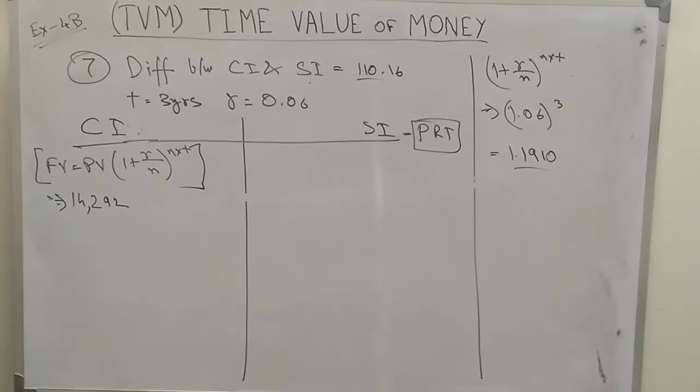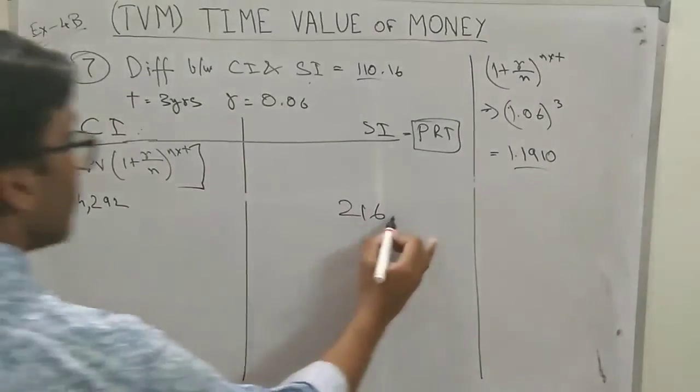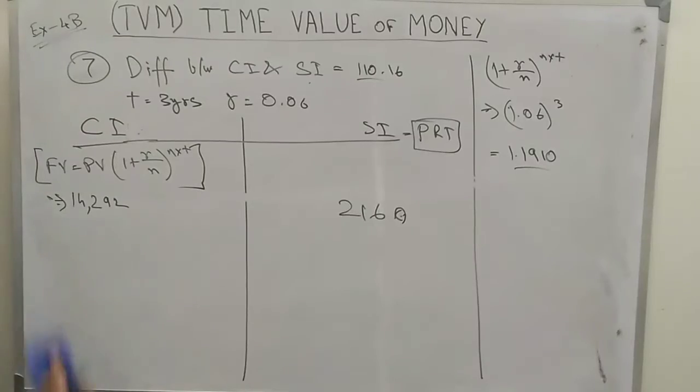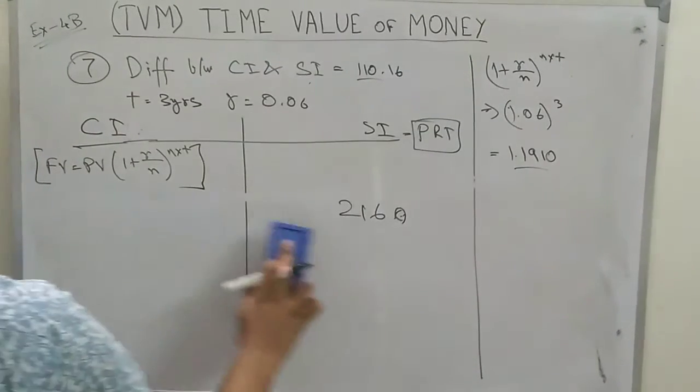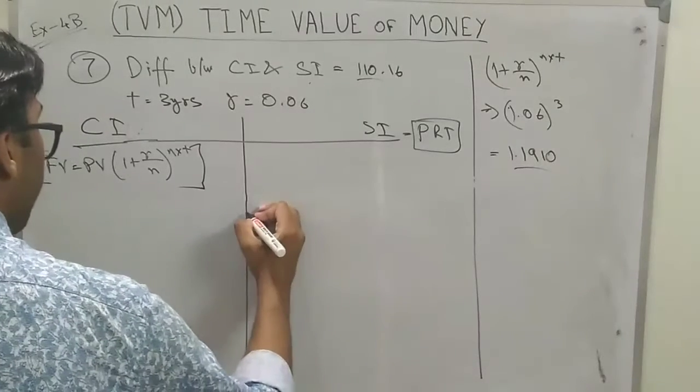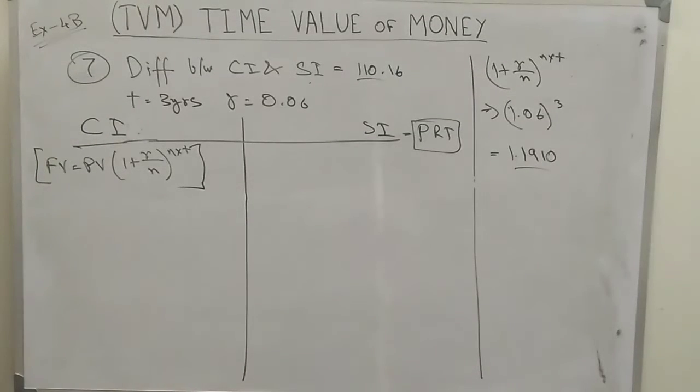The simple interest for this is 12,000 into 0.06 into 3, which is 2160. This is also not the correct option. Over here I could use some formula, but it's not feasible, because some students say they can't remember the formula in the examination hall, so I am using this method.